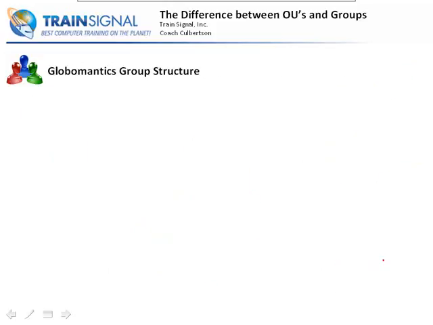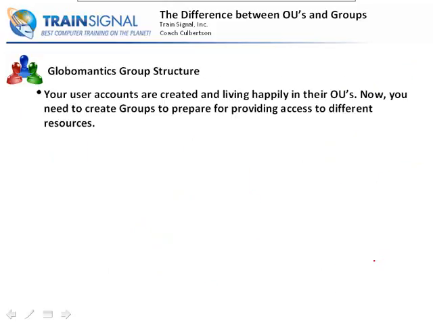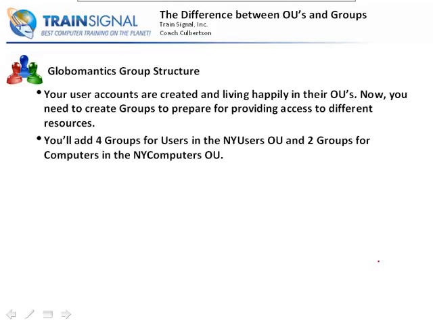All right, so let's talk about what we're going to be creating here. Your user accounts are created, they're living happily in the OU, and so now you need to create groups because we need to prepare for providing some access to different resources. We do have, at least at this point in time, 2 different departments in globalmantics.com. We're going to be adding 4 different groups for users in the New York Users OU.